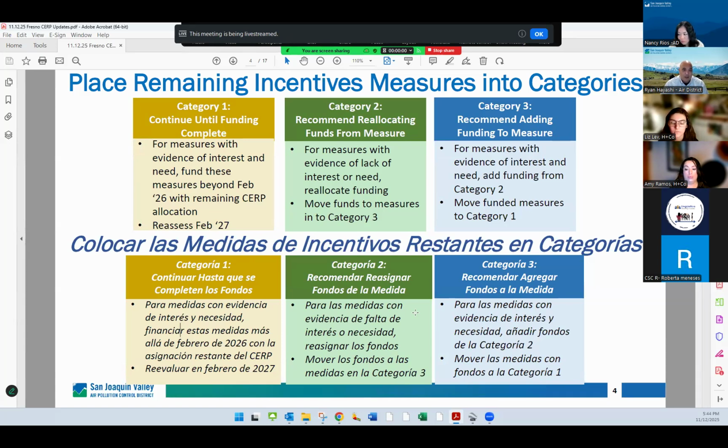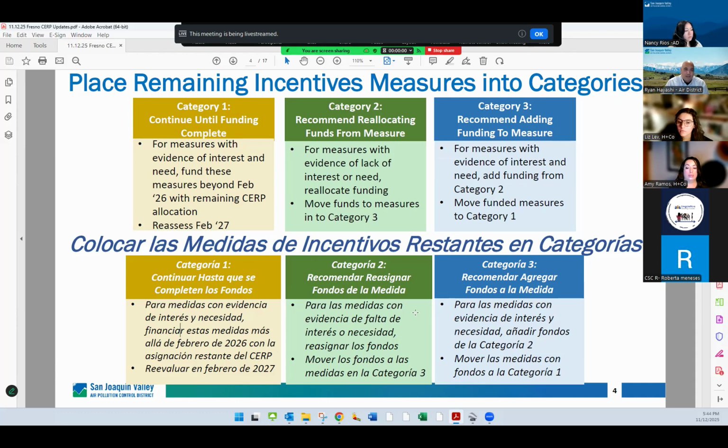We have to go back now and update some of the state implementation plans, which are basically the outline and the plan for how areas that are not meeting national and state ambient air quality standards, the amount of pollution that can be in the air at any given time, and how we're going to go back and relook at what's available and try to get those emission reductions so that we are still on that path to clean air for all Valley residents and residents throughout the state.